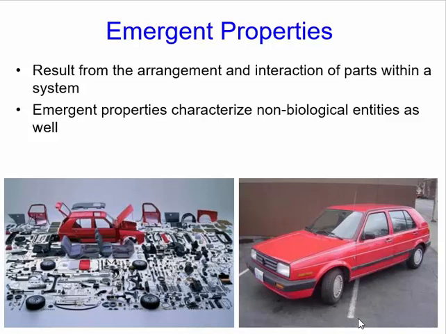It's not until you put them together, not just put them together, but put them together in a very specific way that you get something that has emergent properties. This thing can move around, right? You can go places with it. All this jumble of stuff, you can't do that. So all of a sudden you have something emerge at this next level of organization.